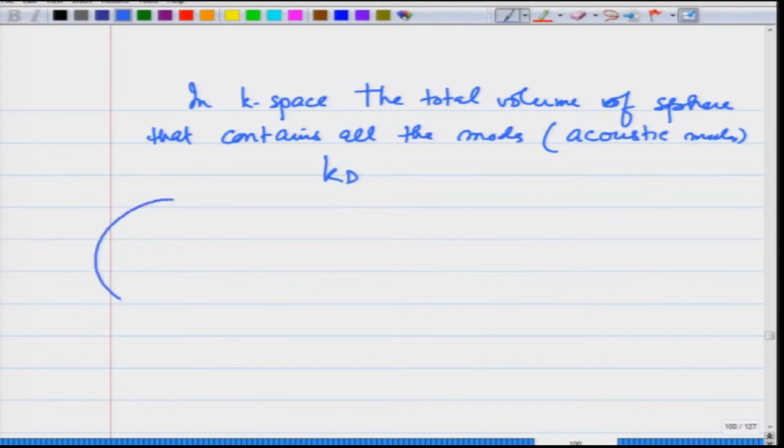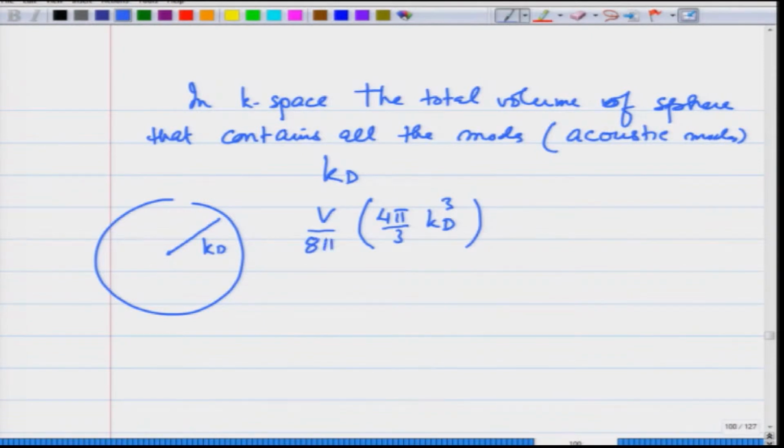Then the sphere of radius k_D has volume 4π/3 k_D cubed, and the total number of modes is therefore going to be V over 8π cubed times this volume, and this is equal to the total number of modes.